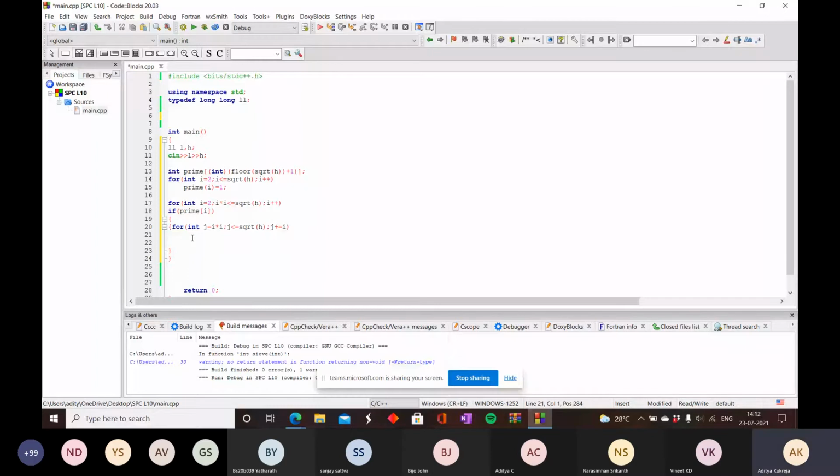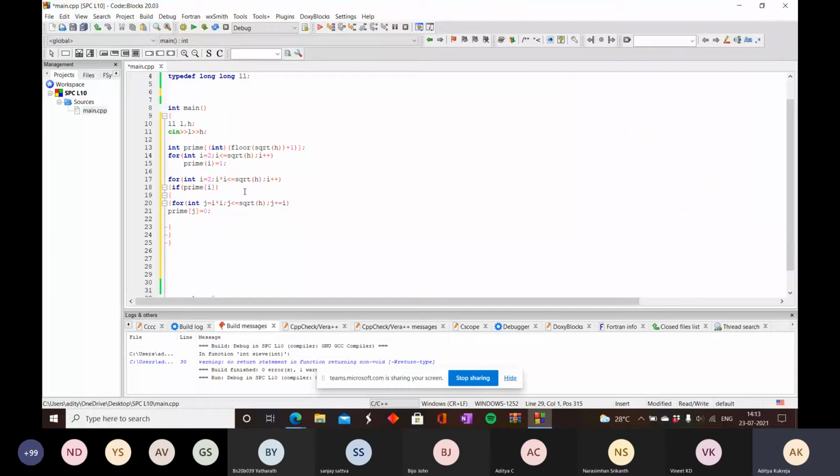So prime of j would become 0. Here we're crossing out all the composite elements. We are taking all the multiples of the prime and crossing them out. So I guess this should perform the task, and we'd also close this.